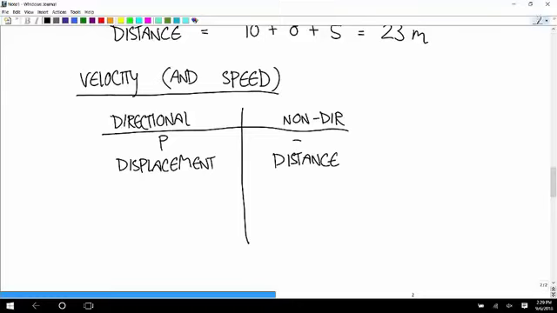And now we're on to the next one, where the directional information is velocity. And what it's very closely related to is the speed. And speed doesn't have directional information.